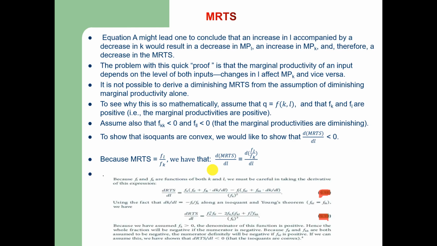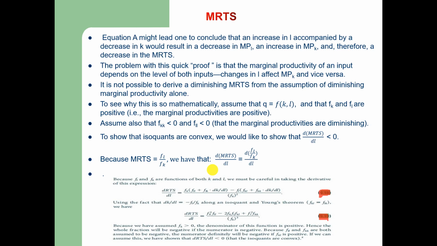Since the partial derivative with respect to labor and the partial derivative with respect to K, that is the marginal productivity of labor and marginal productivity of capital, are functions of both capital and labor, we must therefore be careful in taking the derivative of the expression as mentioned above.